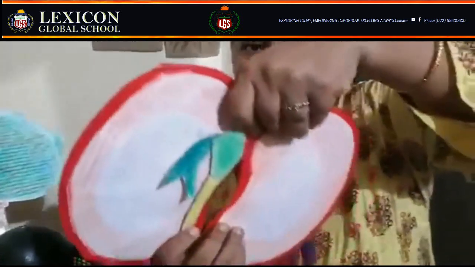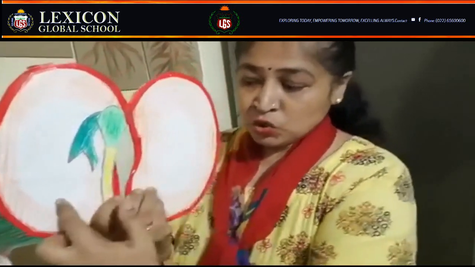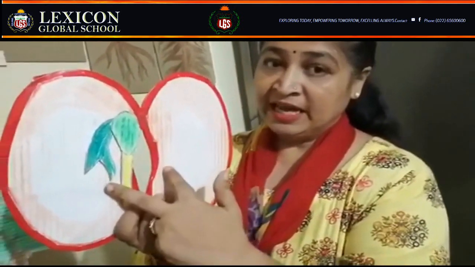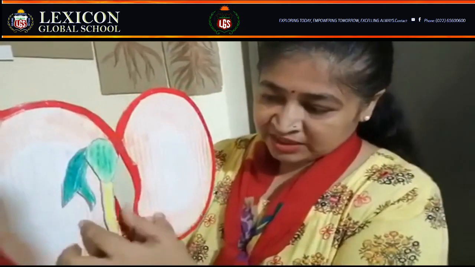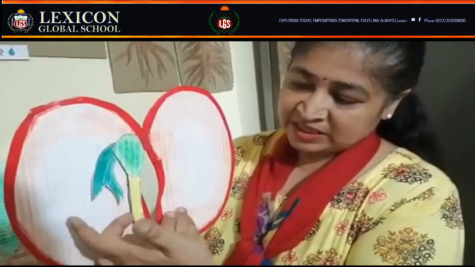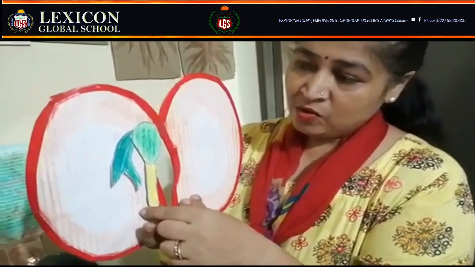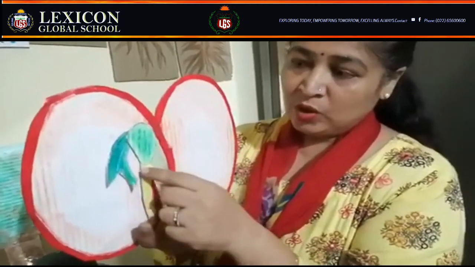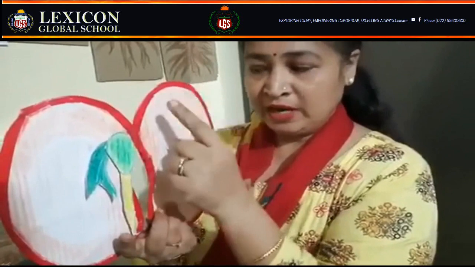Okay. Now the second seed is dicotyledon. Dicotyledon means the seed which has two cotyledons. Okay, this what you see, this is the embryo. Now this embryo will grow into a plant.